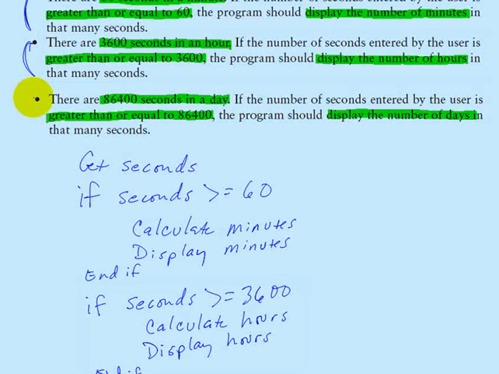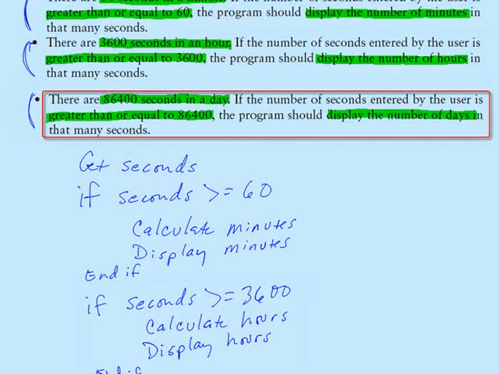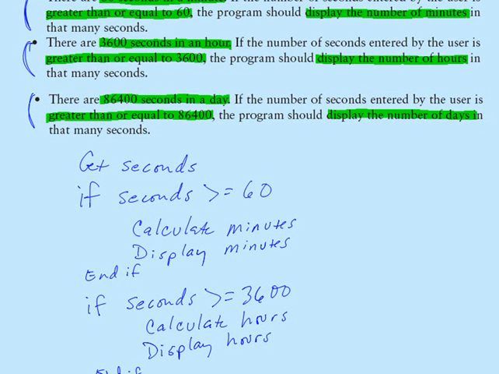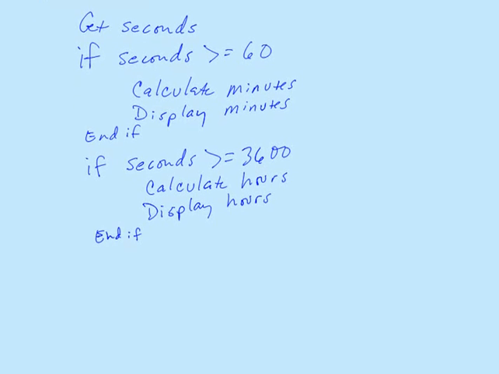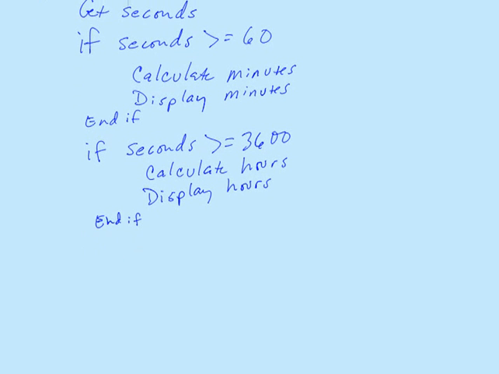The third requirement here is to display the number of days if the seconds are greater than or equal to 86,400. So that means we're going to have another if statement.